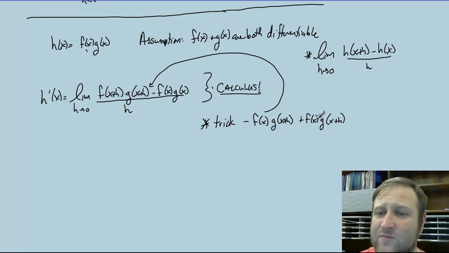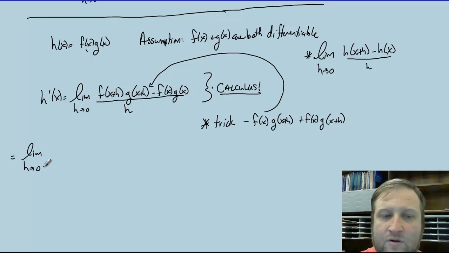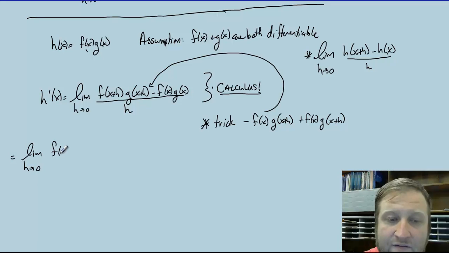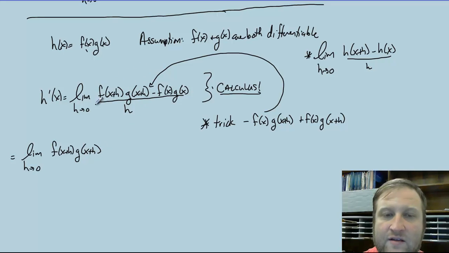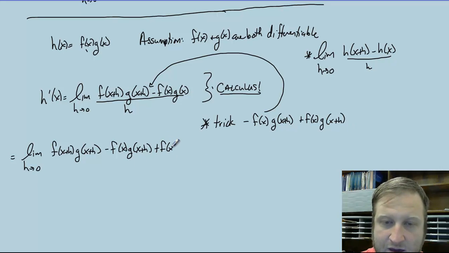And notice, if you subtract and add the same thing, you just have a value of 0, so that means we're not altering anything at all. So this will still be equal to the limit as h approaches 0 of f of x plus h, g of x plus h. Haven't changed anything so far. That's this portion. Now we're going to subtract f of x, g of x plus h, and now we're going to add f of x, g of x plus h.